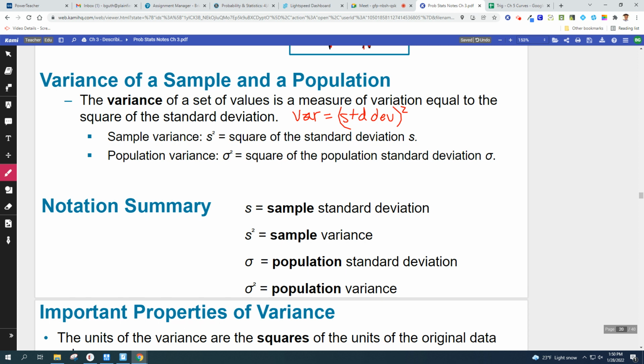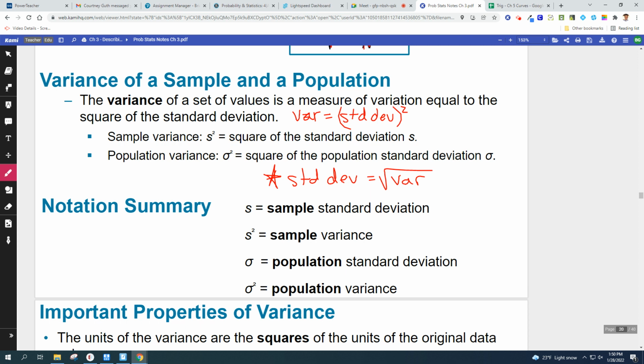I always remembered it as standard deviation is equal to the square root of the variance. Those two things say the same thing. Sometimes one of them is more useful than the other, and vice versa. All right. So I prefer remembering it this way, but it really says the same thing. Standard deviation is the square root of the variance, or variance is the standard deviation squared.